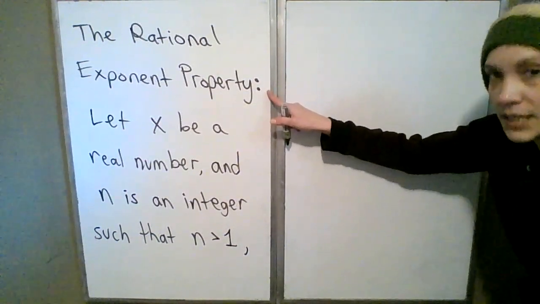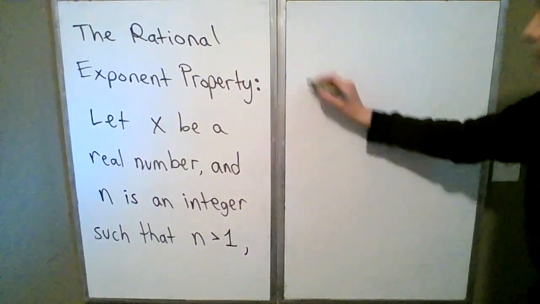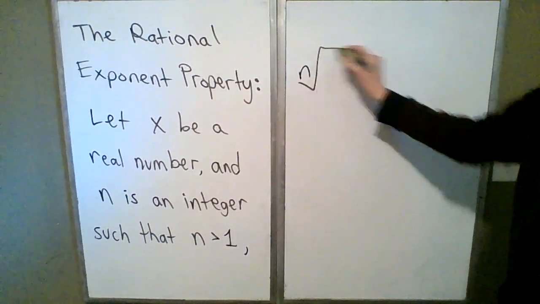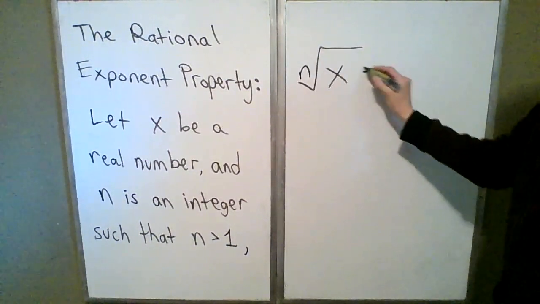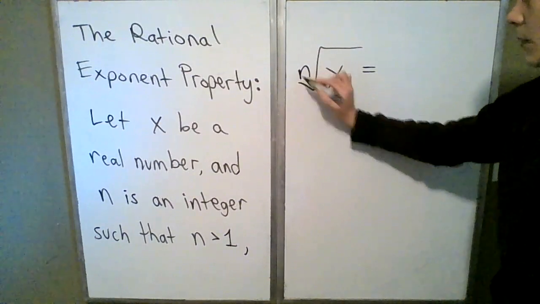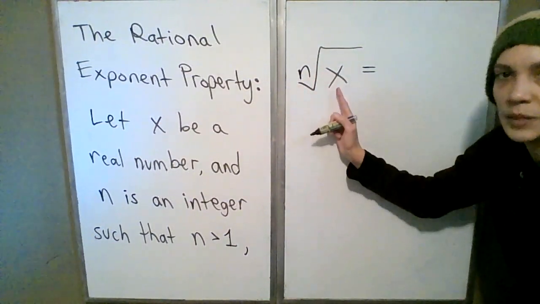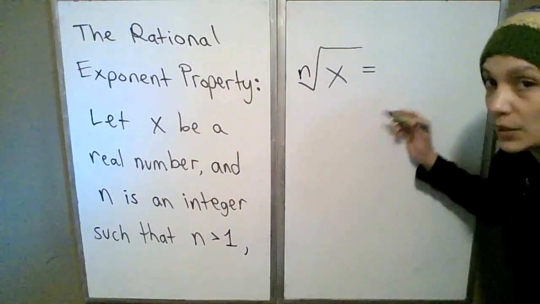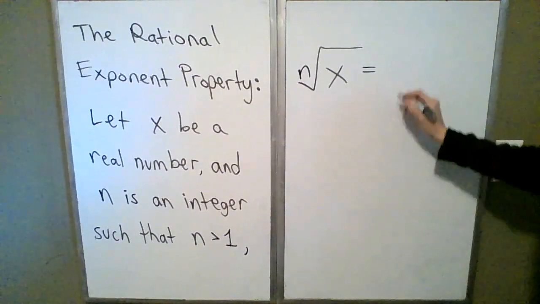The property is to take the nth root of x and write this as x to the power of 1 over n. So n goes in the denominator.